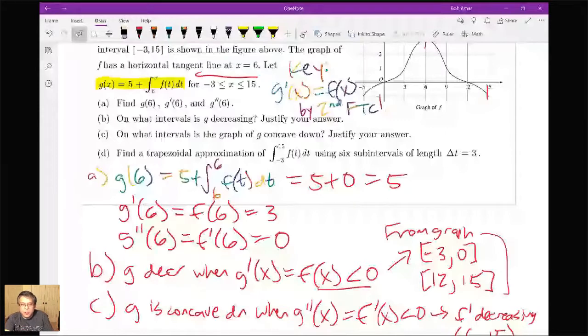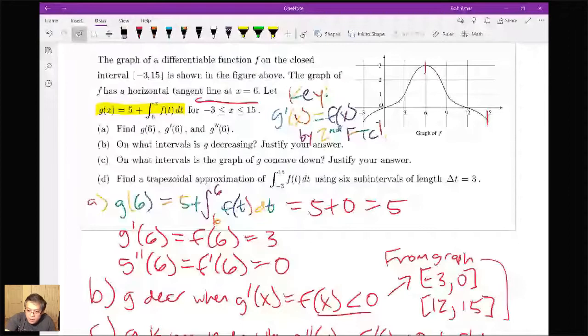Sometimes the trapezoids will be triangles. All right. And so the trapezoidal approximation using 6 subintervals, they went easy on you here, but they figure there's a lot riding on this. So you can actually draw the 6 trapezoids that would make up your trapezoidal approximation. You still need to compute it.